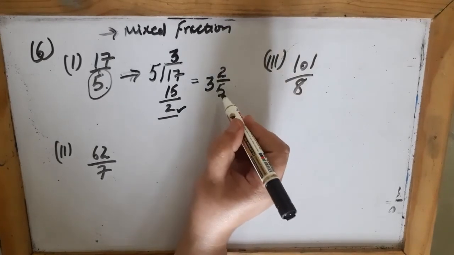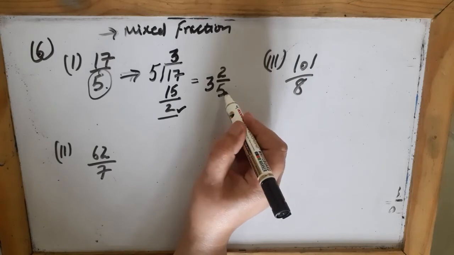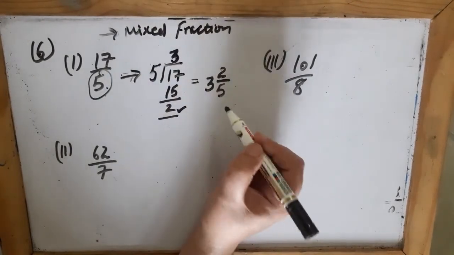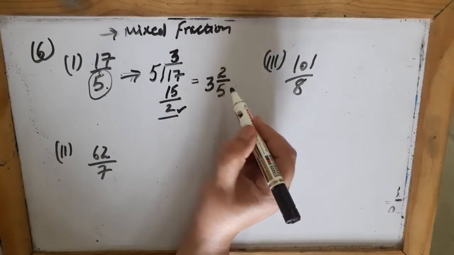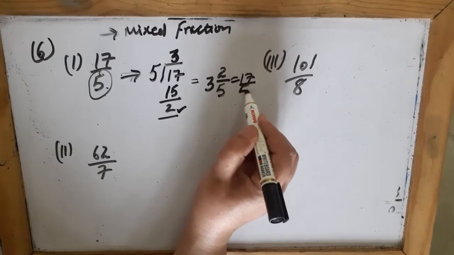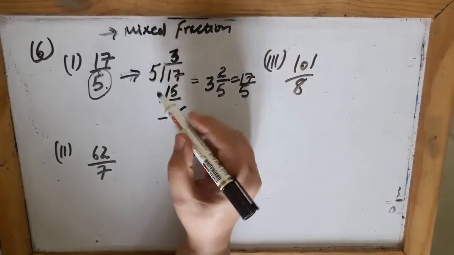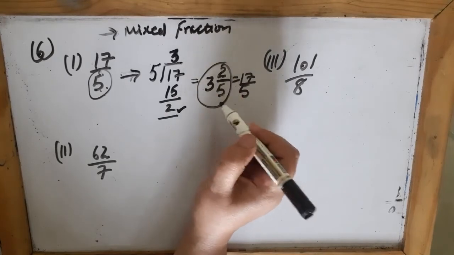So this is a mixed fraction. As I taught you in the last question, I can change this back into an improper fraction. 5 multiplied by 3 is 15 plus 2 is 17, so it becomes 17 by 5. So 17/5 changed into a mixed fraction is 3 2/5.